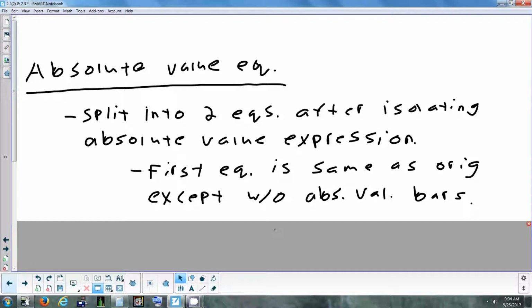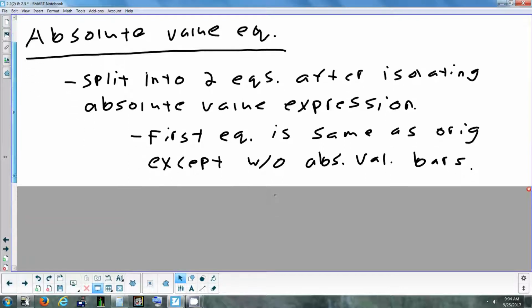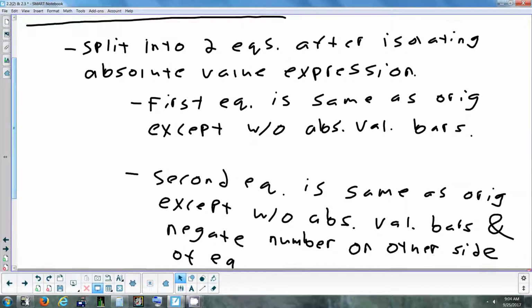The second equation is similar: you take the original, take away the absolute value bars, but then you have to change the sign of the number on the other side. Or the short way is just to say negate it. Whatever the number is on the other side, change the sign of it.